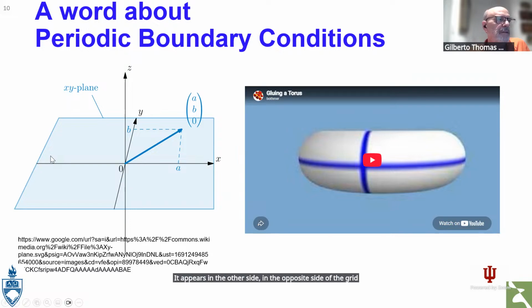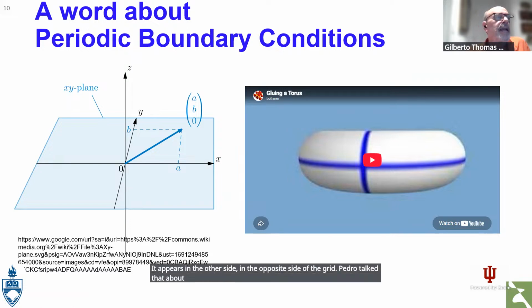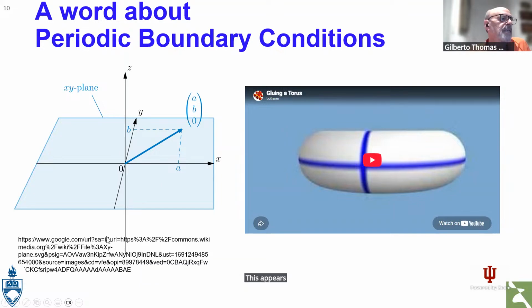Pedro talked yesterday about the arcade games. No? So an object disappears at the right side and appears on the left side. Disappears at the upper side and appears at the bottom side. So we can understand that if we twist this sheet, the XY plane, this way.